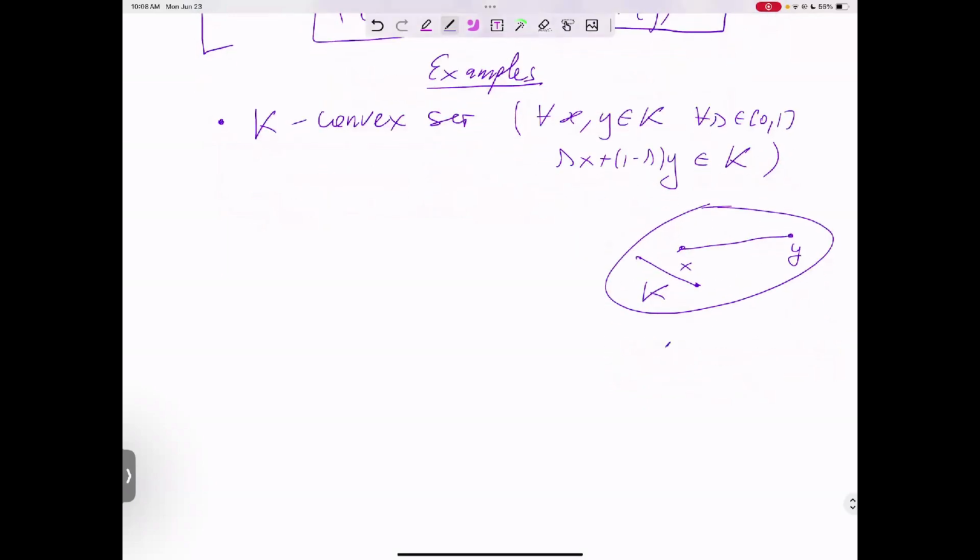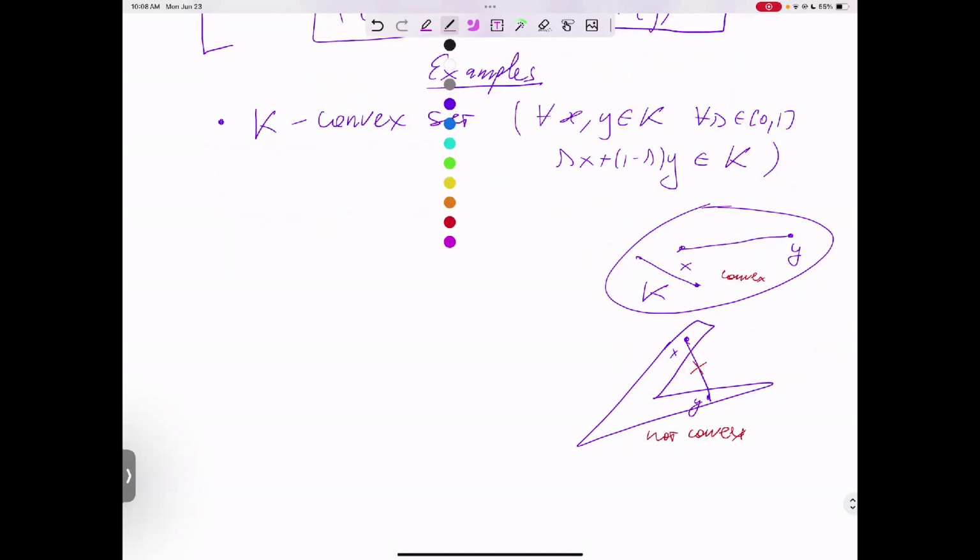For instance, a set like this, where I would have a pair of points x and y such that not the whole interval is in K, would be not convex. But the set which I drew above is convex.